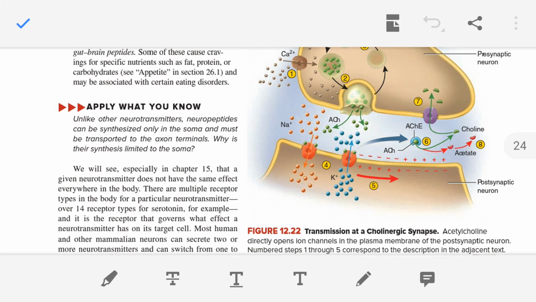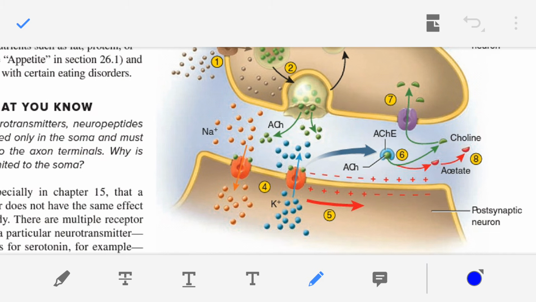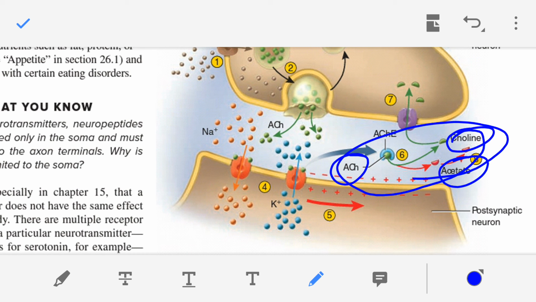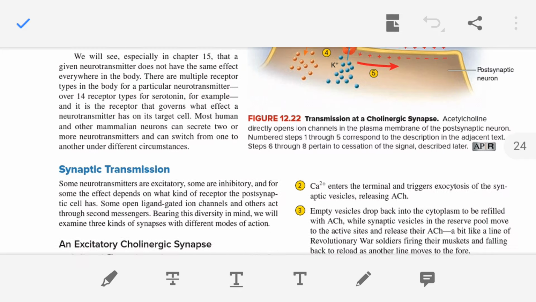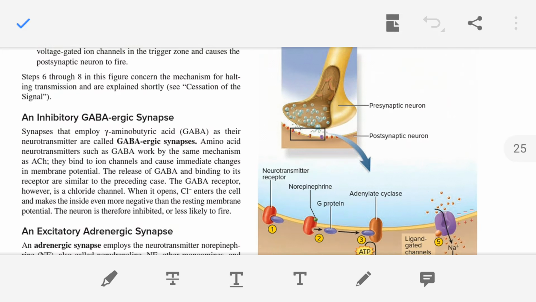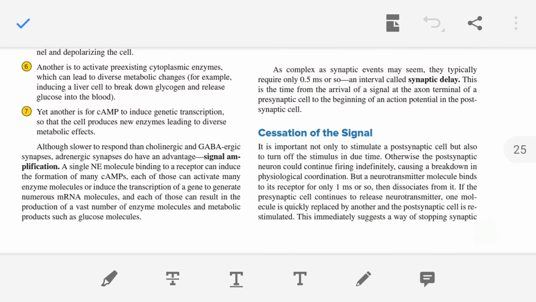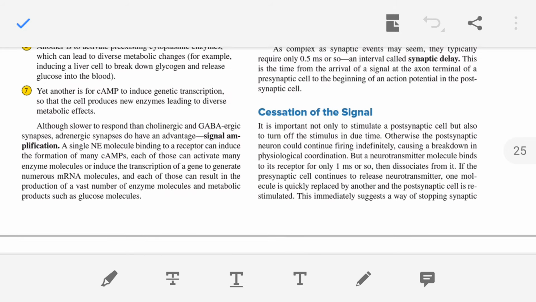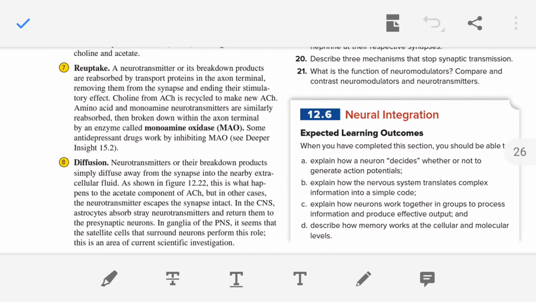It is believed that this ACH, choline and acetate move into the extracellular fluid, and once they move into the extracellular fluid, they are taken up by some special kind of cell.